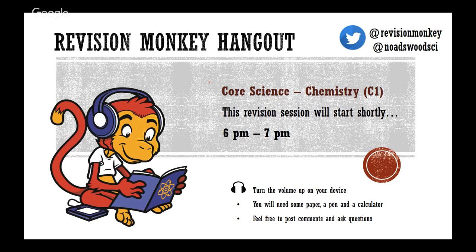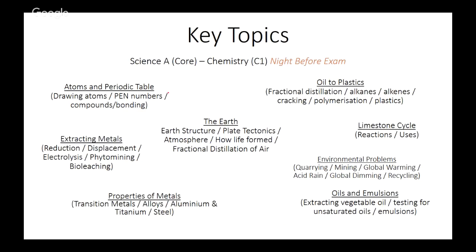So what does core chemistry look like? Well, if we have a look at the general topics, you've got things about the atoms in the periodic table. A lot of that comes up in C2 as well, so you should know that quite well already. Extracting metals, we'll look at reduction, electrolysis, etc. Properties of metals, alloys, and the different metals that we use.